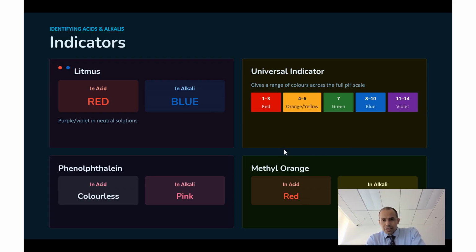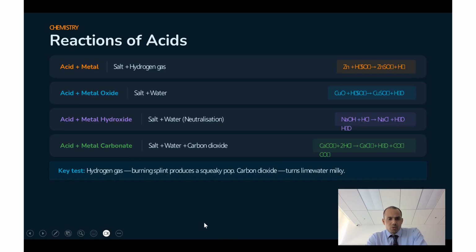Move to the next slide. In this slide, we are going to talk about reactions of acids. As you can see, there are four reactions. First, acid plus metal gives you salt and hydrogen gas.